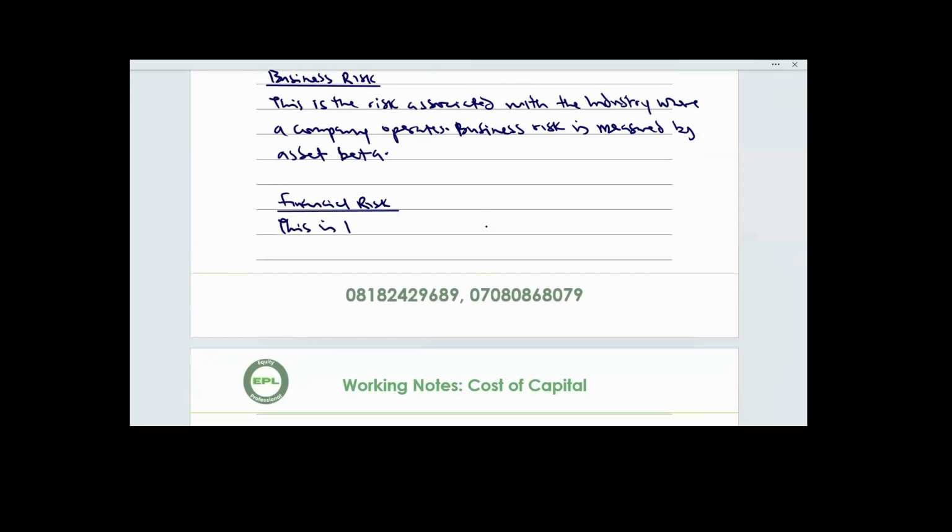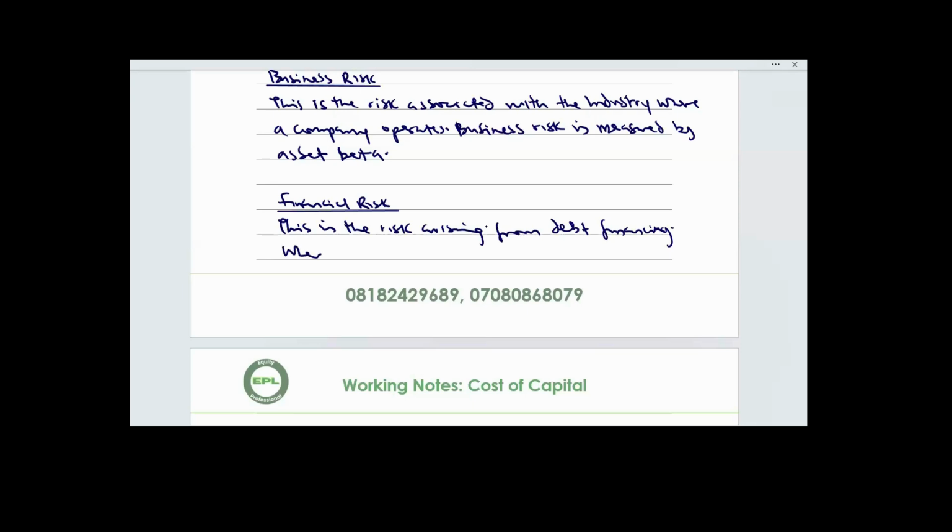This is the risk arising from debt financing.